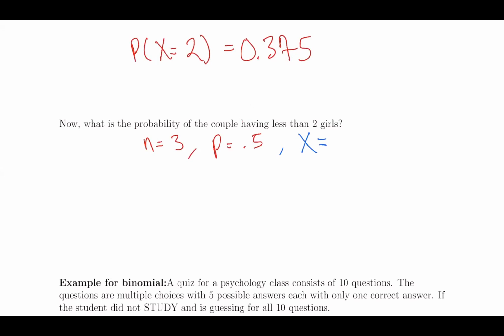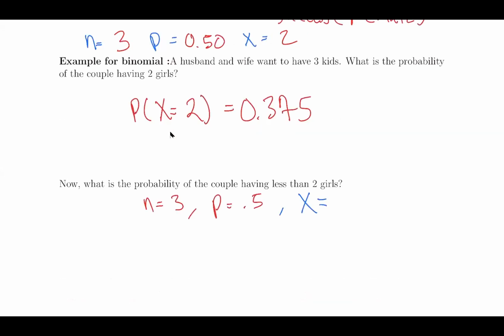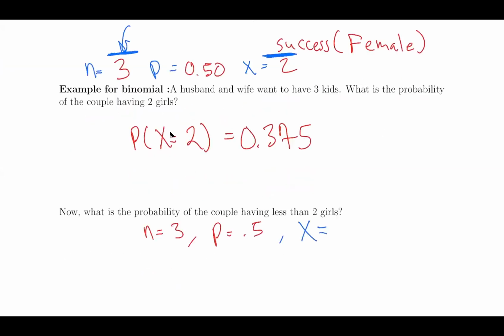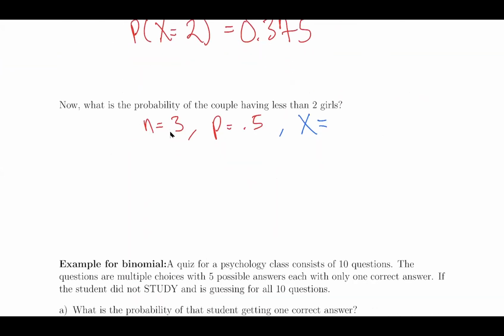X represents how many of those trials you want to have a success. Like for the problem that we did, we said we're having 3 kids, but we only want 2 successes, 2 girls. So N represents how many experiments you're going to have. X represents how many successes you're going to have.